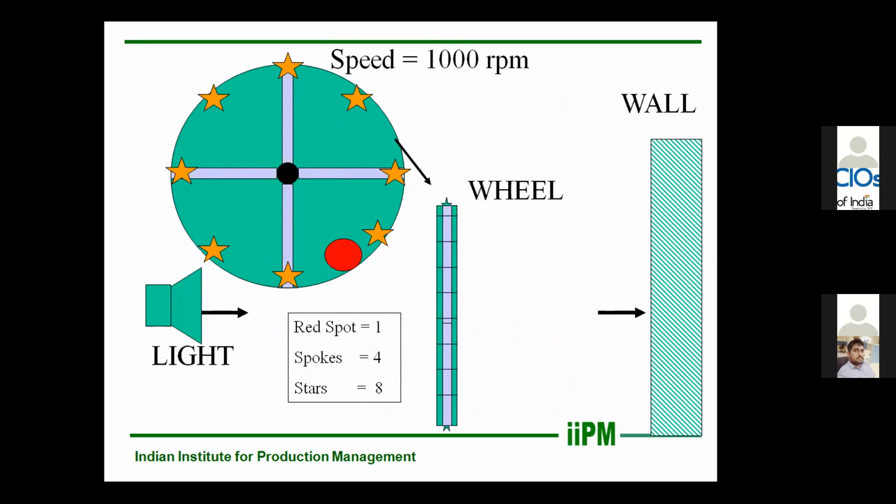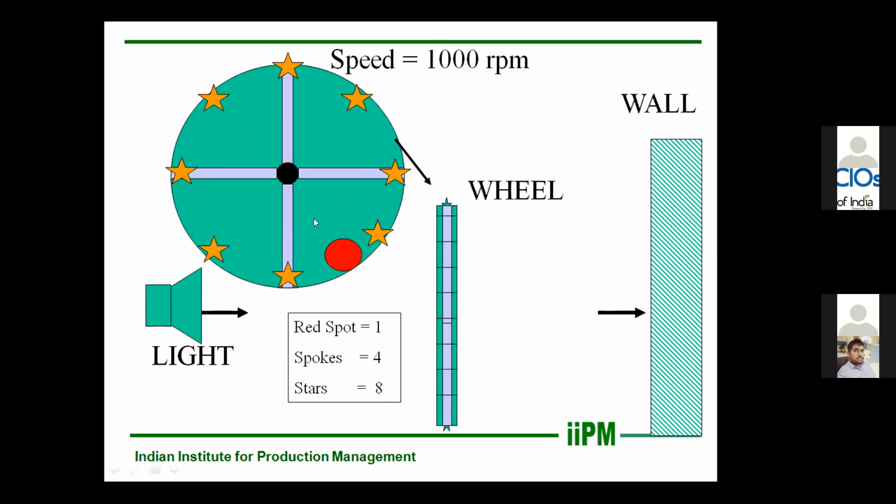Let's say, for example, how these peaks are being generated. Suppose this is a wheel or impeller. Its speed is around 1000 RPM. This red spot has the unbalanced weight, and we have got 4 spokes, and the number of stars is 8, in order to identify what the problem is.